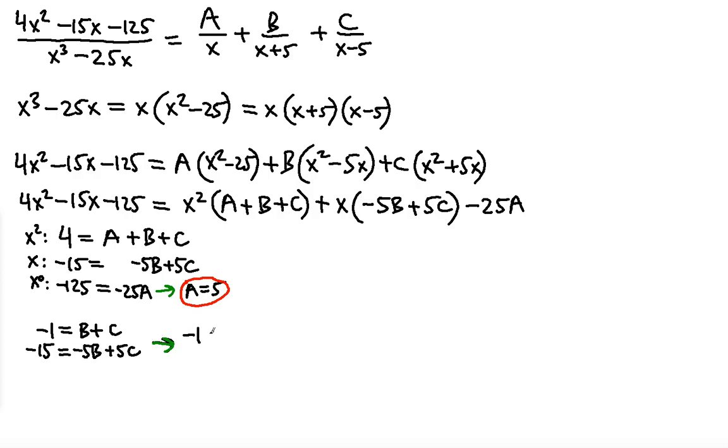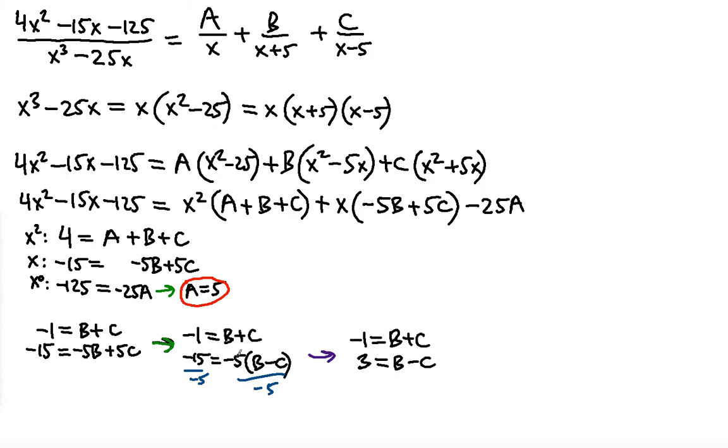So we will have a different system. B plus C, and then here we're going to factor out the negative 5. We're going to have B minus C. Dividing both sides by negative 5 in this equation gives us a new system that we can keep solving. So we're going to have the first equation untouched. The second equation is revised. It is 3 is equal to B minus C, right? Because these negative 5s are gone.